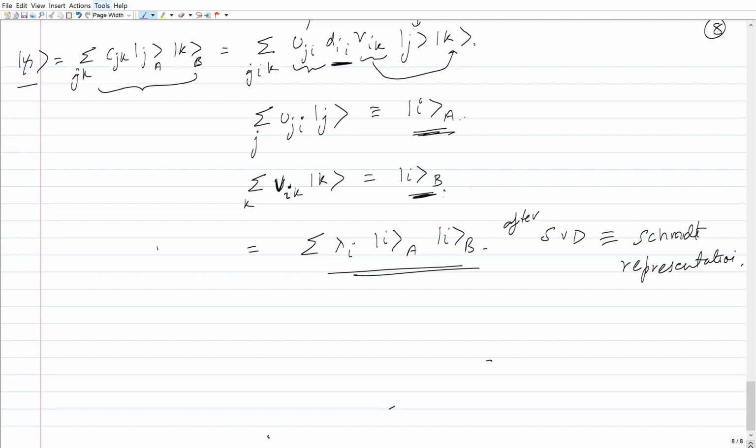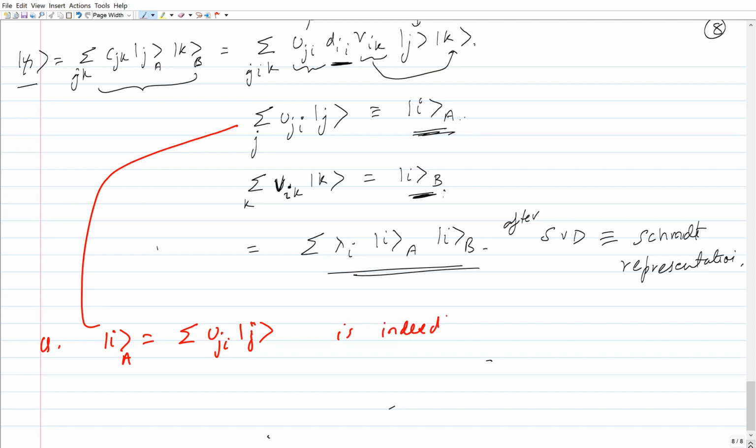Okay, so there's an exercise for you to convince yourself that this state I over here, which was nothing but U J I, is indeed an orthonormal basis.